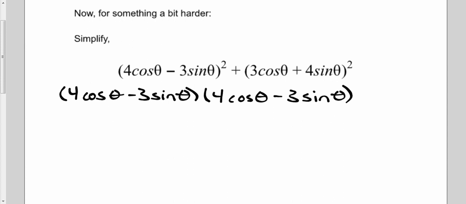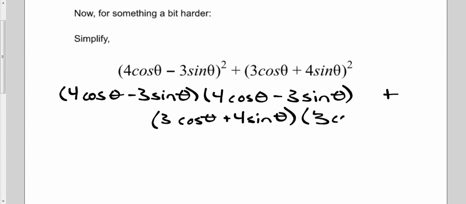That's the first part, right? I got a big plus sign, and then 3 cosine theta plus 4 sine theta times 3 cosine theta plus 4 sine theta.